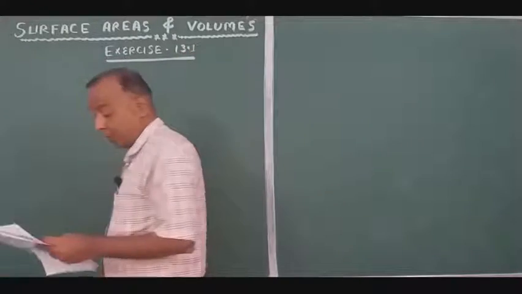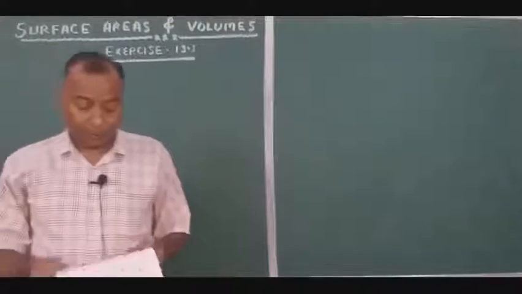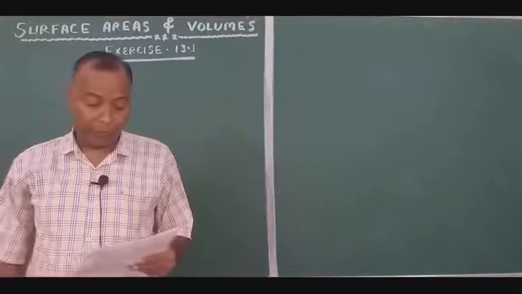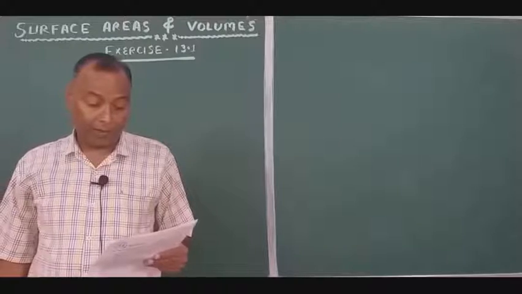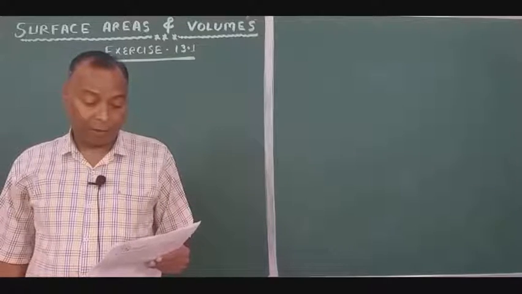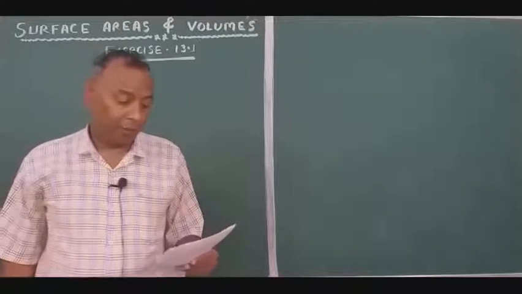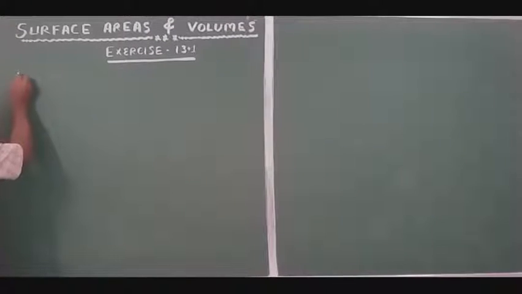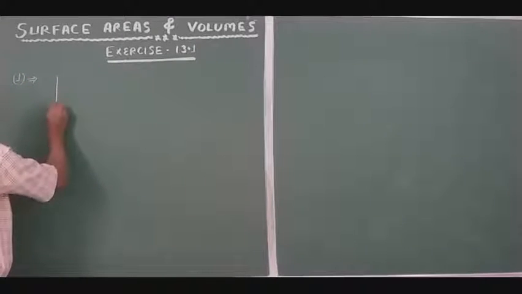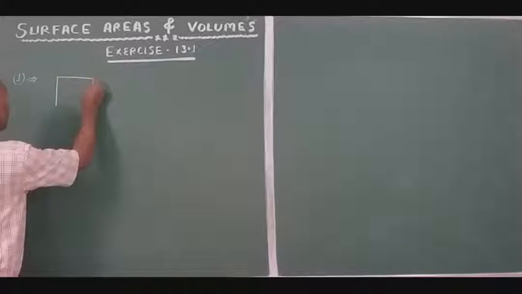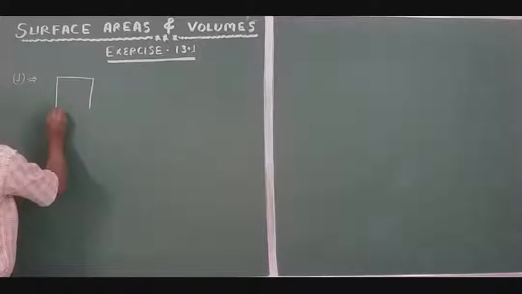This is the first question. Two cubes each of volume 64 centimeter cube are joined end to end. Find the surface area of the resulting cuboid. What you are given? Two cubes. These are the two cubes.